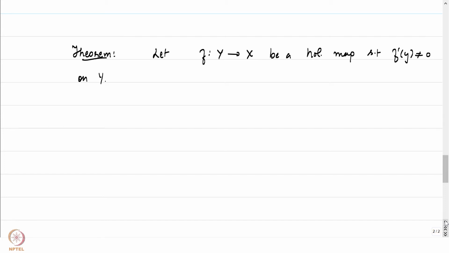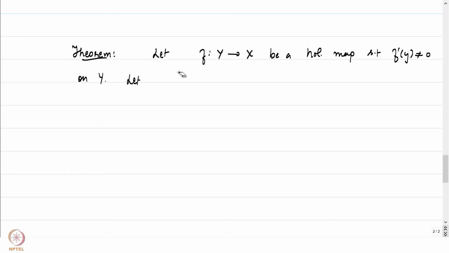Given a point y in capital Y, we have a neighborhood by the inverse function theorem which maps holomorphically onto its image in capital X, which will be an open subset, and it will also have a holomorphic inverse. So this is going to be a local biholomorphism.